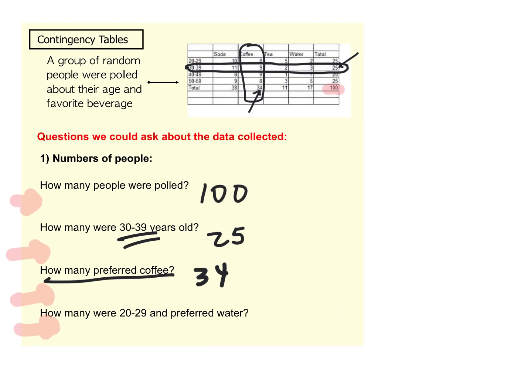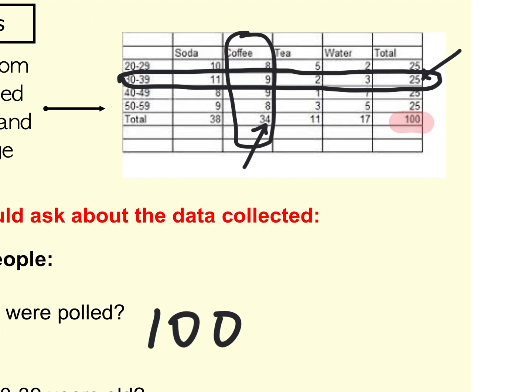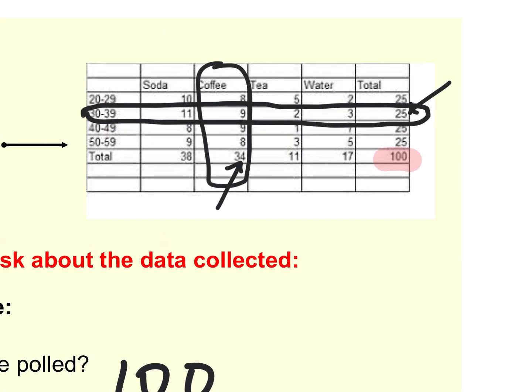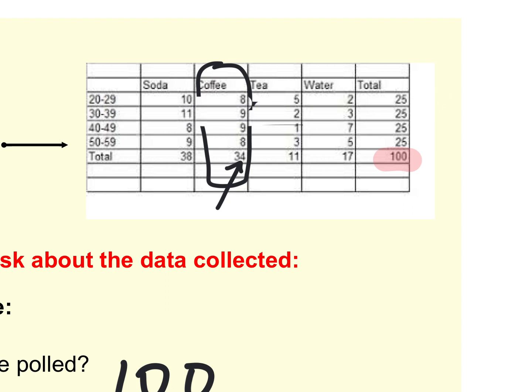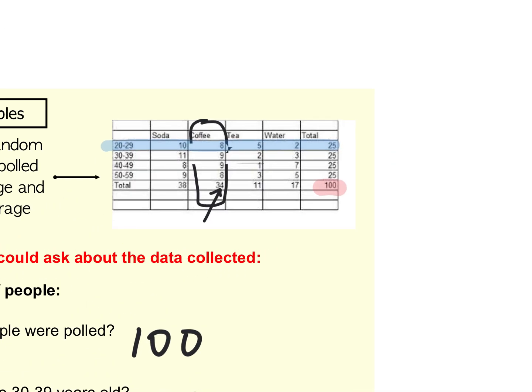All right, and how many were 20 to 29 and preferred water? All right, 20 to 29 is the top row there, I should say. So I'm going to highlight that. And what did they say about them? Oh, preferred water.